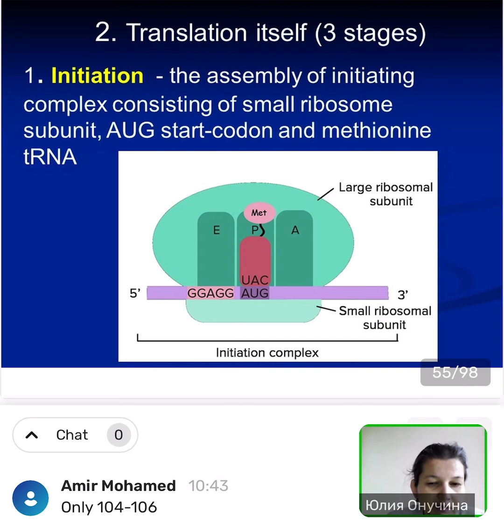So you see three main centers in this ribosome, but we're interested only in two of them, P and A. The first center will be P, for the first tRNA. The second tRNA will always connect with the A center.